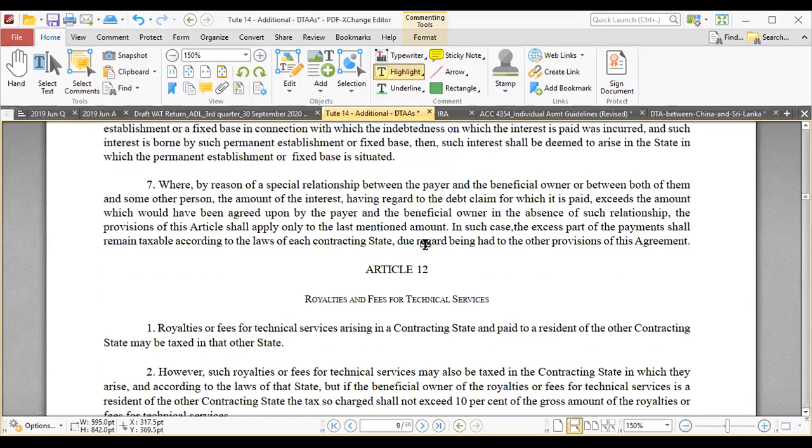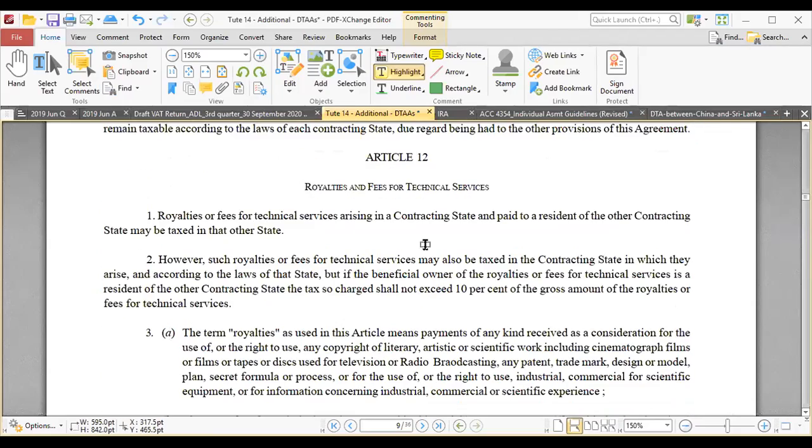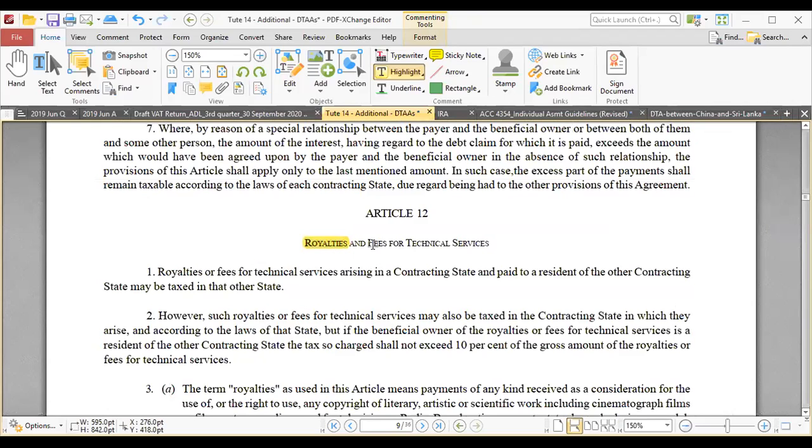Students, when it comes to royalty and fees for technical service, Article 12 is the relevant article in the case of India. Article 12 covers royalty and technical service fees together.